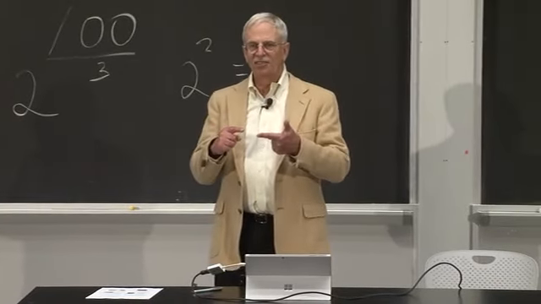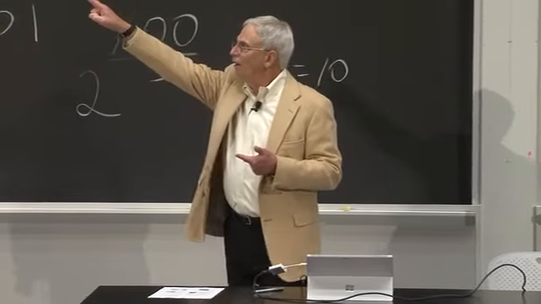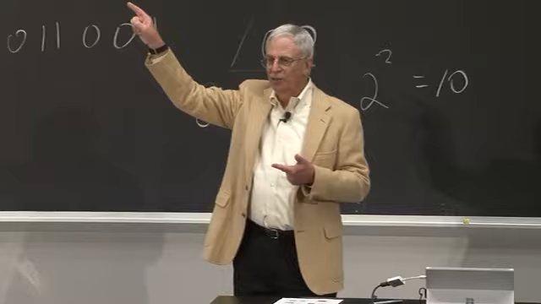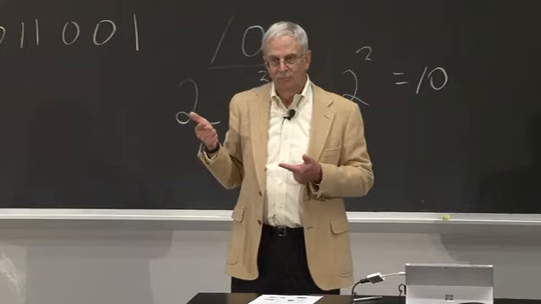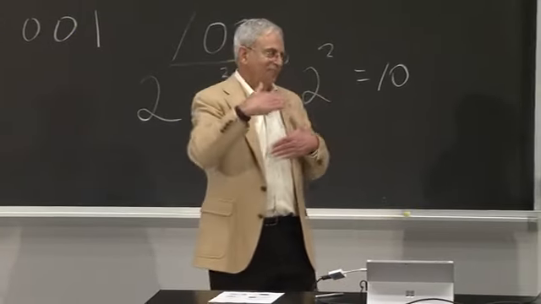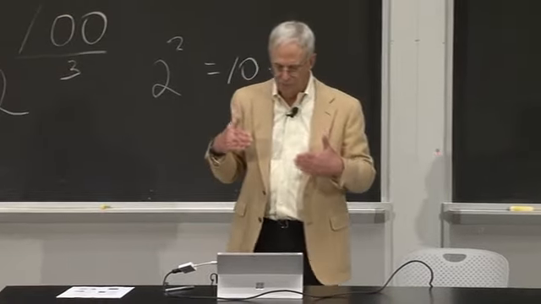What lambda does is it builds a function that evaluates that expression on those parameters and returns the result of evaluating the expression. So instead of writing def, I have inline defined a function.